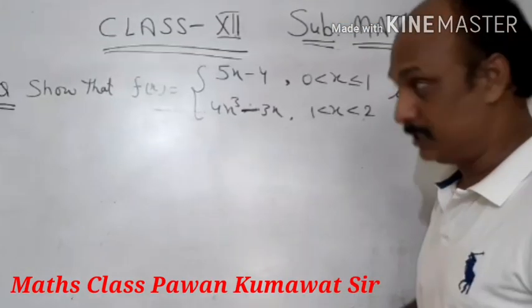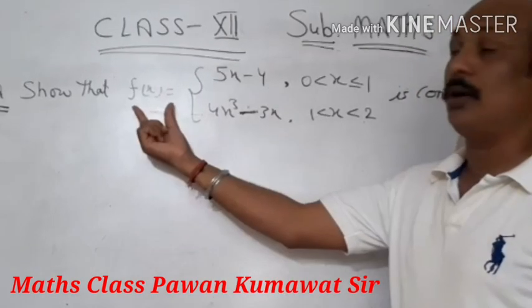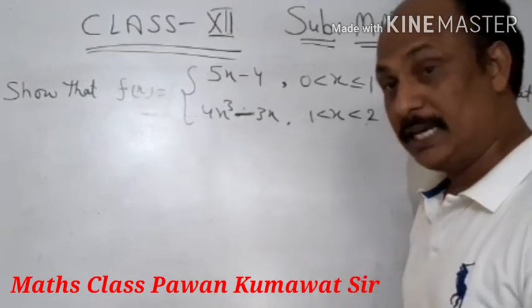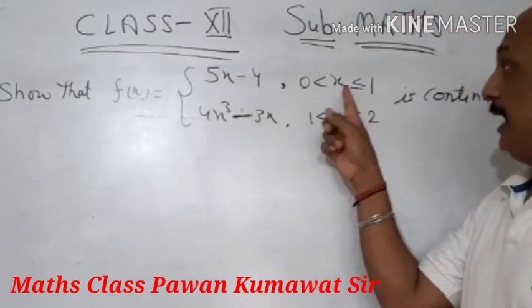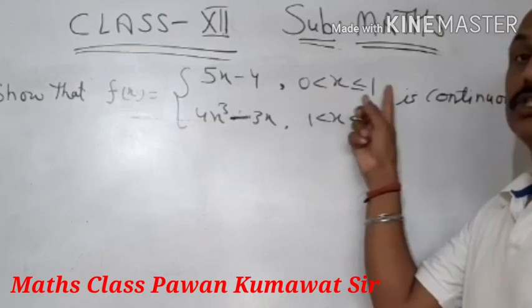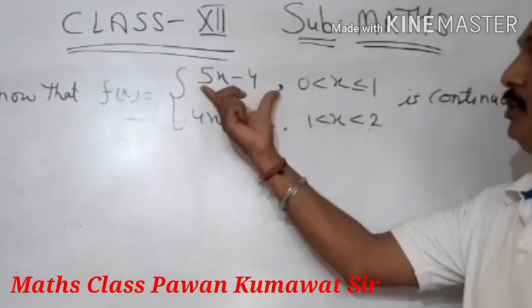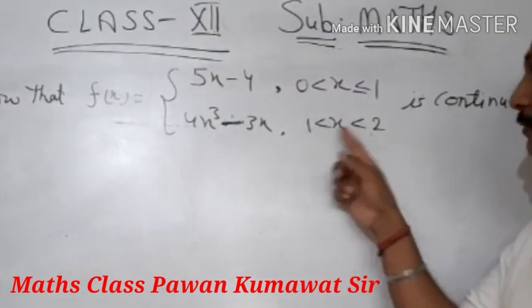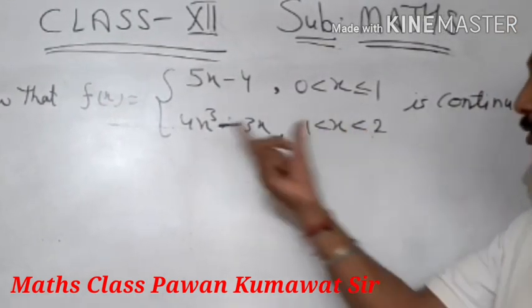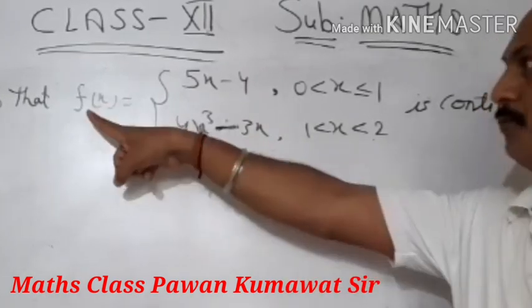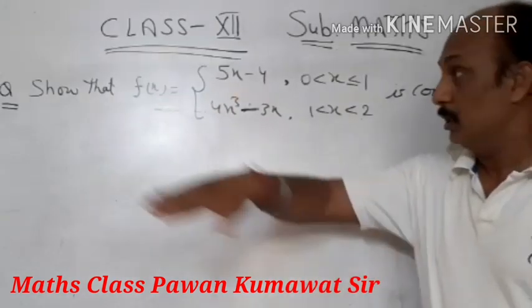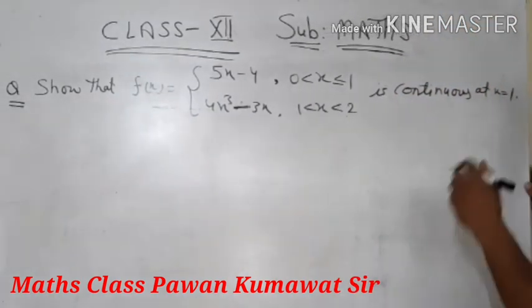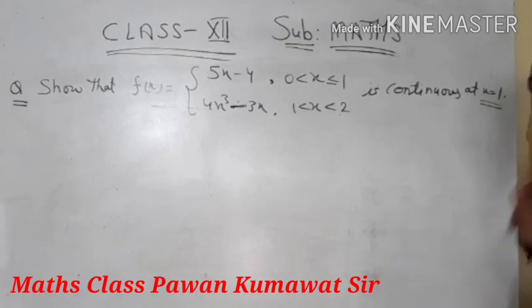Question: two conditions are given for the function f(x). If x is between 0 and 1, then we should use this condition, and for x between 1 and 2 we use this condition for f(x), and show that it is a continuous function at x is equal to 1.